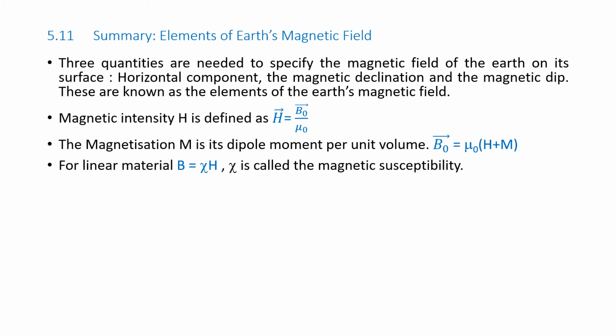These are the relationships for the linear magnetic material. So I will repeat this. Xi is called the magnetic susceptibility. B is equal to mu into H, and mu is equal to mu naught into mu R, and mu R itself is equal to 1 plus Xi.